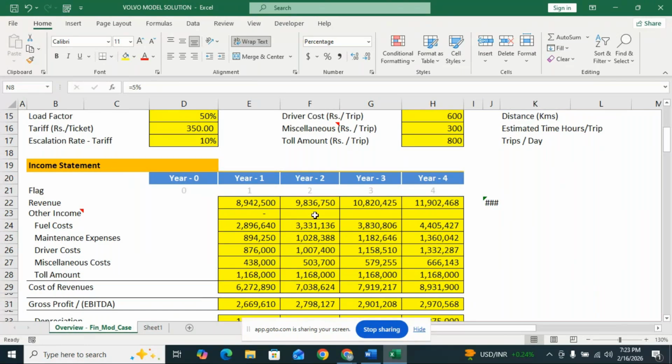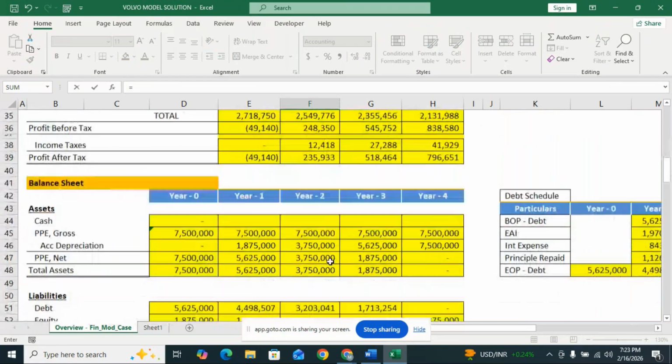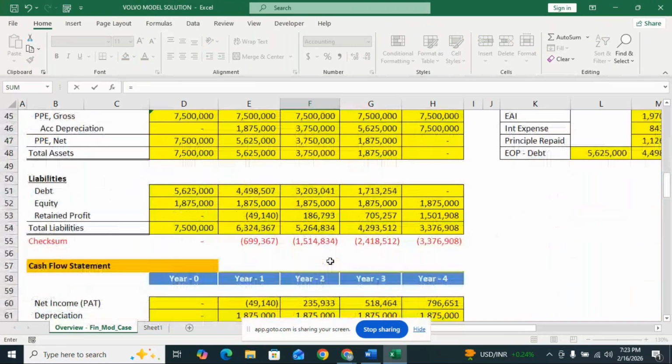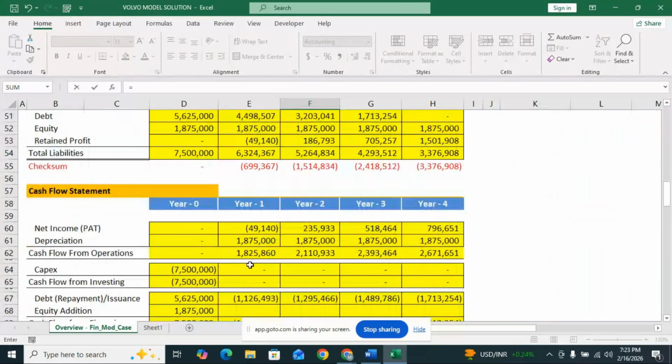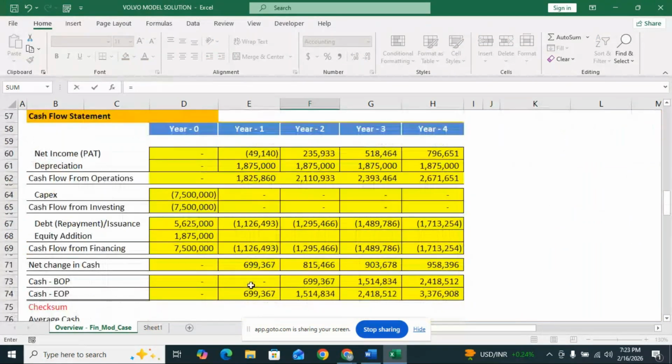You have to start with year two. Okay, so for year one, see it is nil. So for year two, what have we got?